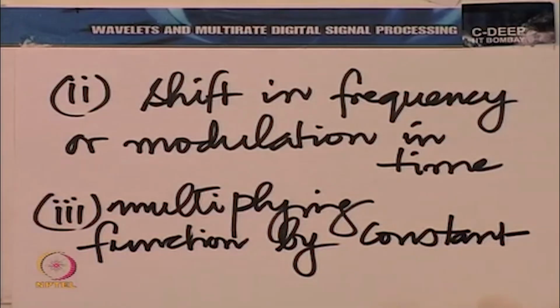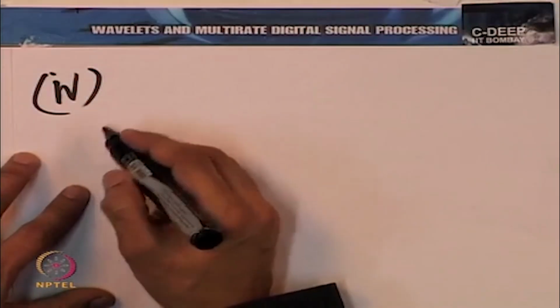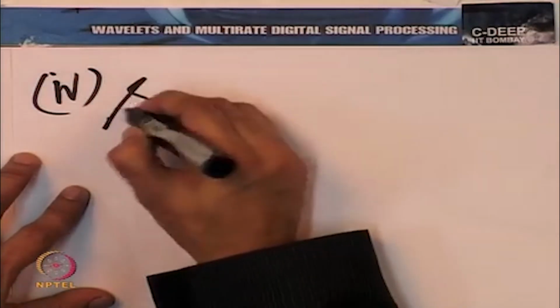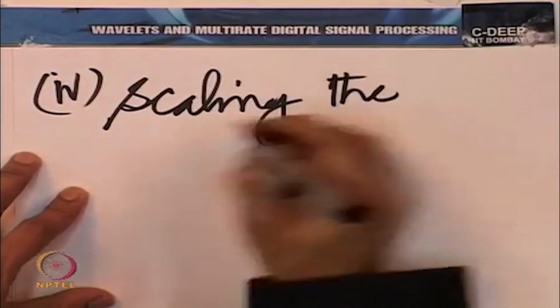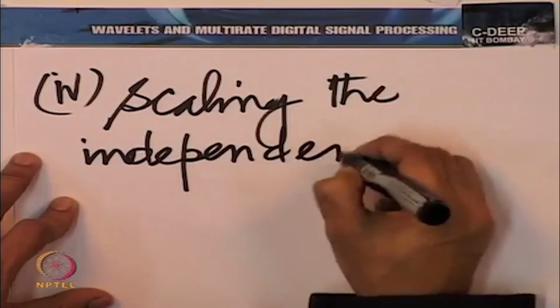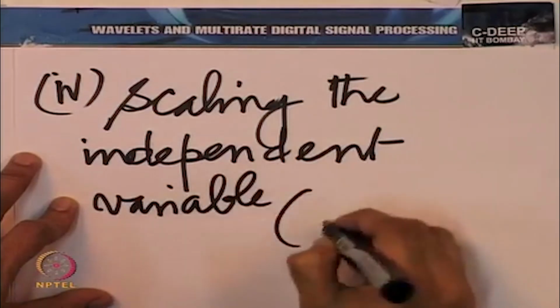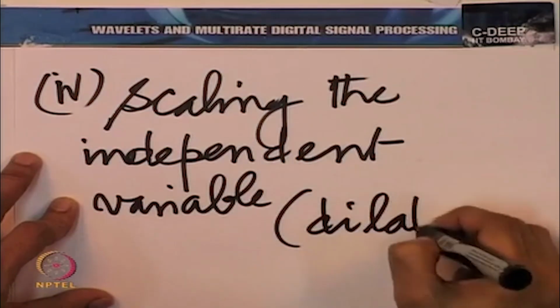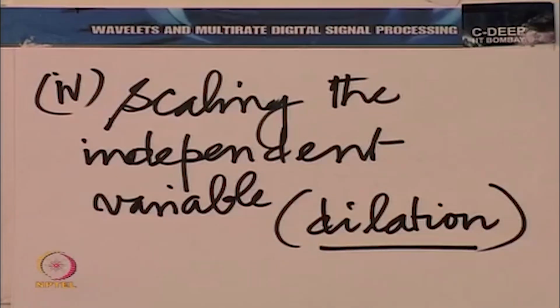And finally, number 4, the most interesting of them all, scaling the independent variable. Essentially what we have been calling dilation all this while, dilation by alpha. So, it is invariant to dilation.